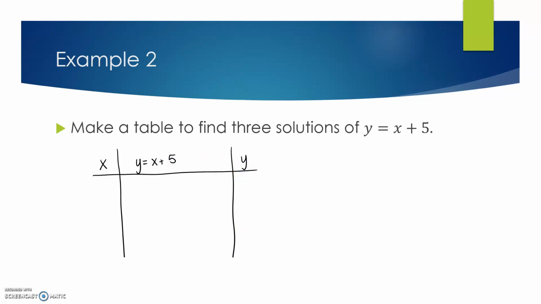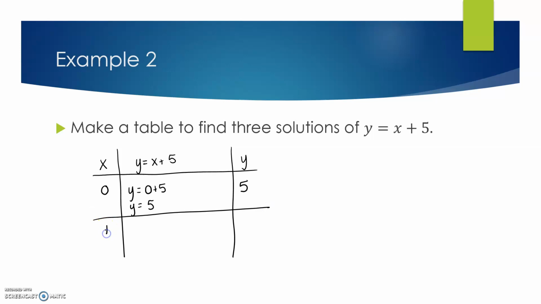So now the cool thing is I can pick any value of x that I want. I always like picking 0. I think 0 is a nice easy number to substitute in. And that's going in for the x. I don't know what y is though, so I'm leaving y equals. So I've got y equals 0 plus 5, and that would give me 5. Okay, so there's 1. Let me pick another value.